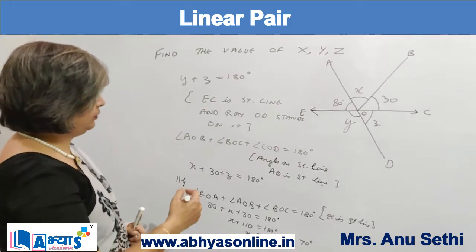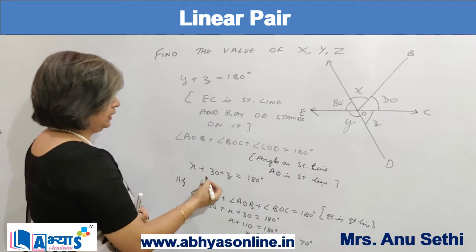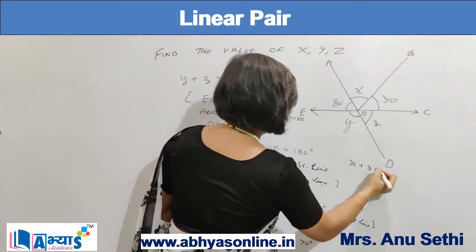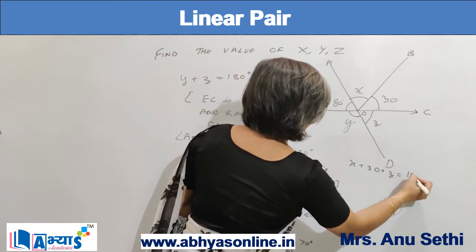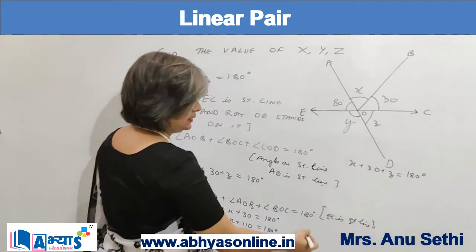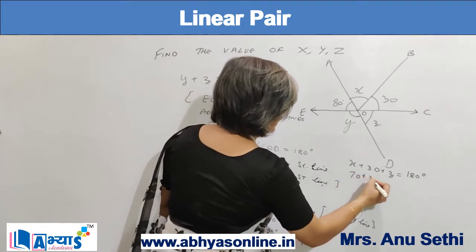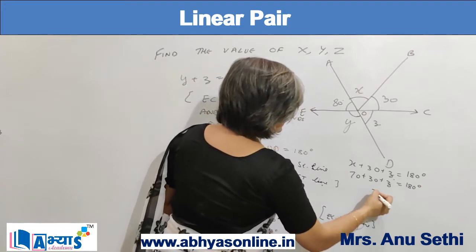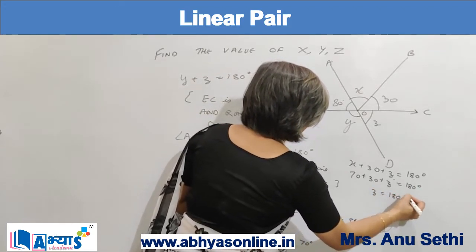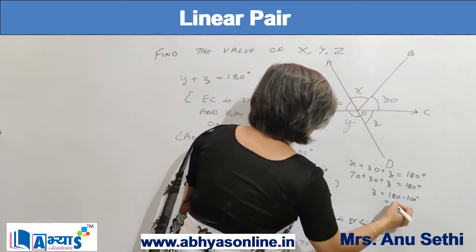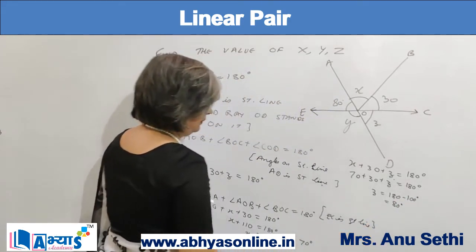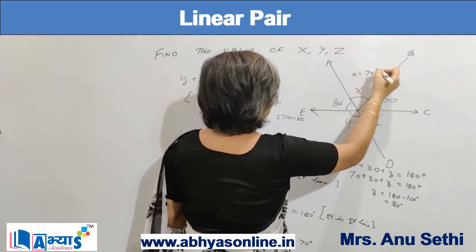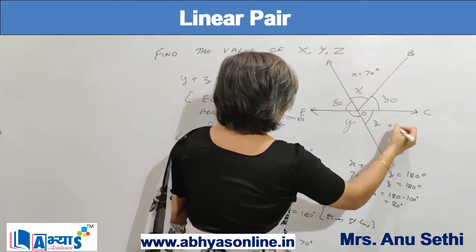Now when we have found the value of x, we will use this equation, x plus 30 plus z is equal to 180 degrees. Now we know that x is 70, so 70 plus 30 plus z will be equal to 180 degrees, or I can say z is equal to 180 minus 100 degrees, that is 80 degrees. So x is equal to 70 degrees and z is equal to 80 degrees.